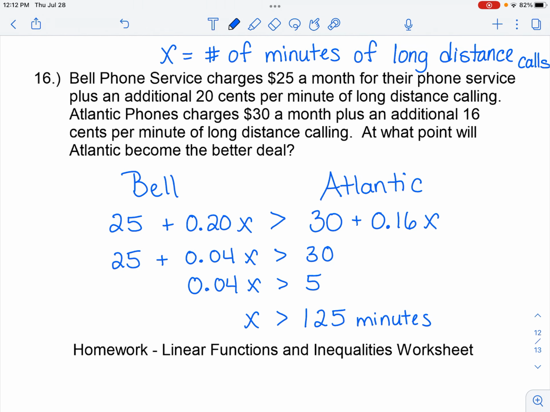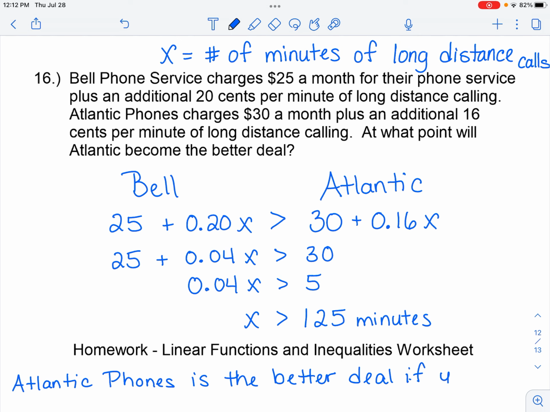So I'm going to jot that down at the bottom. Atlantic Phones is the better deal if you plan to spend over 125 minutes on long distance calls.